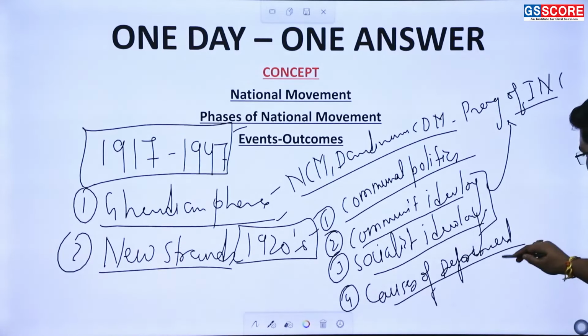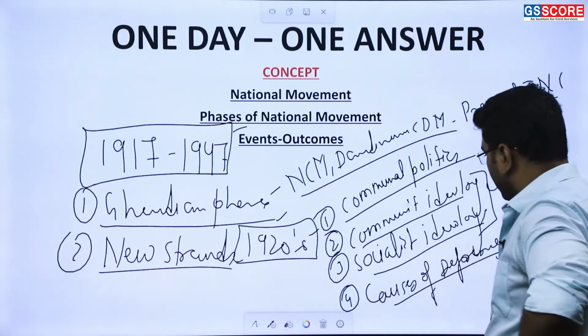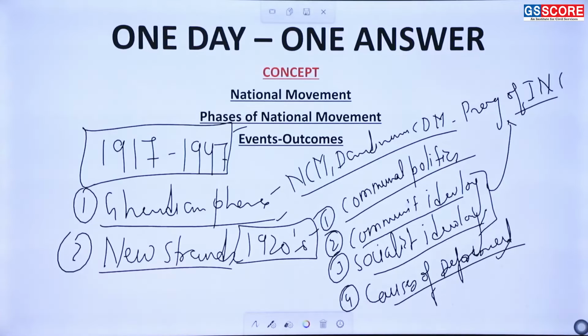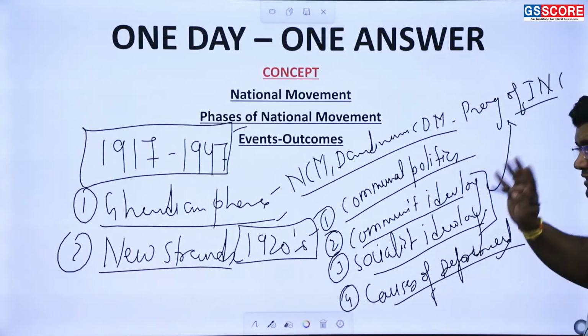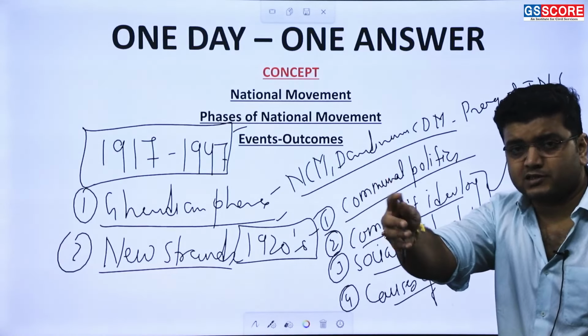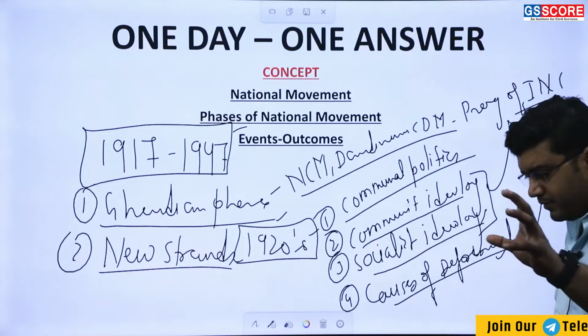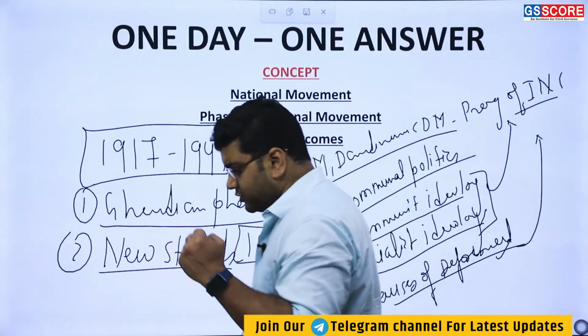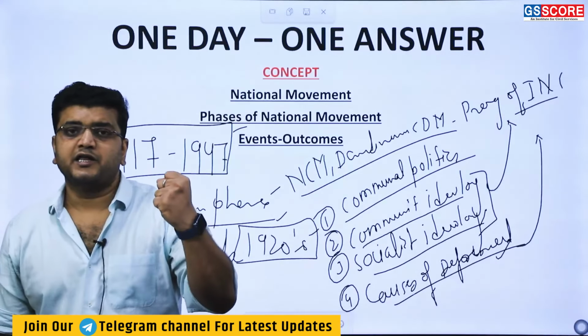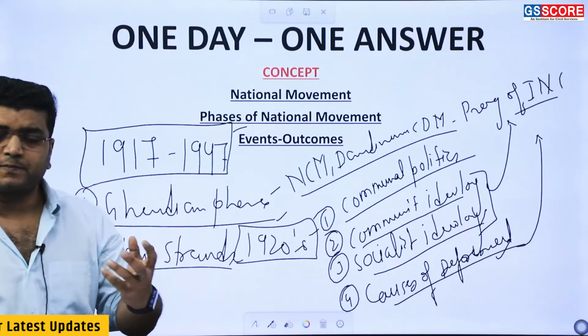Okay. Then the cause of depressed classes. Dr. Baba Saheb Ambedkar was the leader of the cause of the depressed classes, and based on the coming up of the voice of depressed classes, to make it more inclusive, INC adopted the same constructive program. Gandhiji, if you remember the chapters on Gandhiji, started the Harijan Sevak Sangh and the newspaper Harijan.